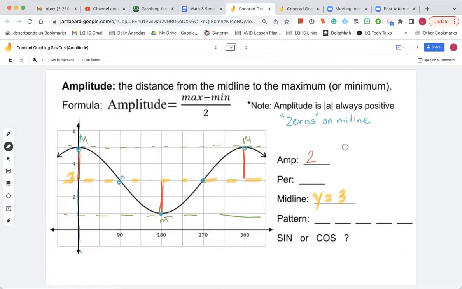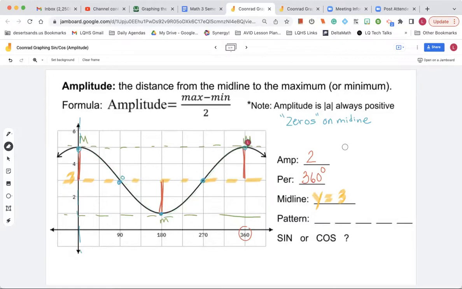Then we look, how far is it to where we go 1 full pattern? It's either 2 pi or 360 right now because we haven't changed the periods. So that's 360 degrees, because that's how far it goes from max, 0, min, 0, max.